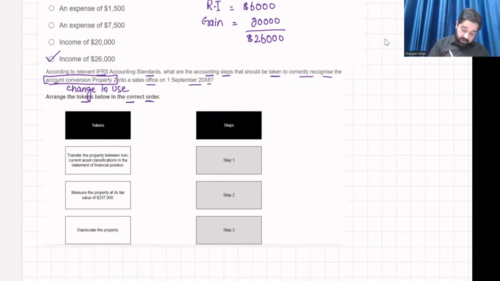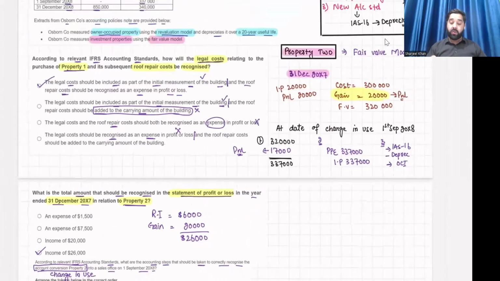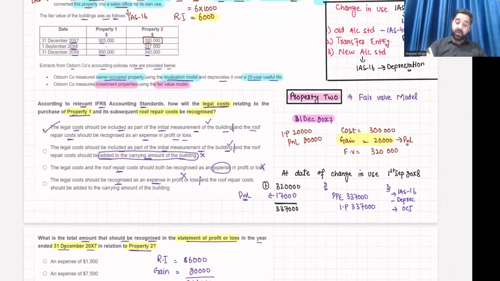So the first option, transfer the property between non-current asset classification in the statement of financial position. The transfer entry should be step number 2. Measure the property at its fair value of 337,000. Step number 1, because you have to follow the old accounting standard. According to the old accounting standard IAS 40, first you have to revalue it to 337,000.